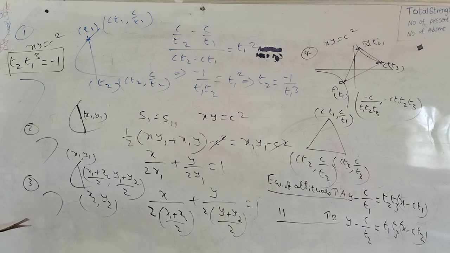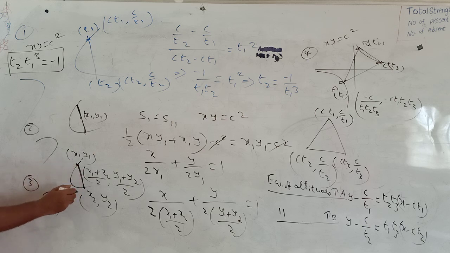See next one. This is actually a problem. Find the equation of the chord joining the points x1 comma y1 and x2 comma y2 on the rectangular hyperbola xy equal to c square. This is the hyperbola figure. Required is the equation of this chord joining the points x1 comma y1 and x2 comma y2.